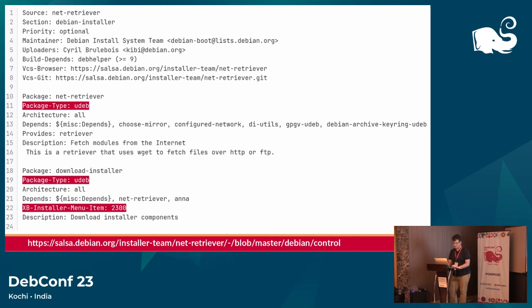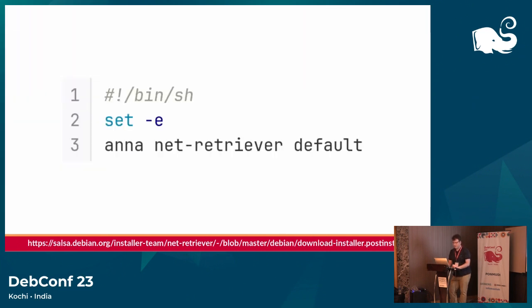Aside from the control file, there is this postinst file that runs a program called Anna with that net retriever script we have seen before. And it does something. I'll mention Anna later. Let's have a look at the templates file.